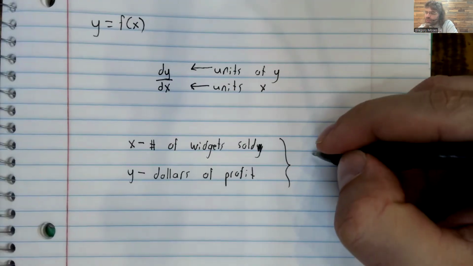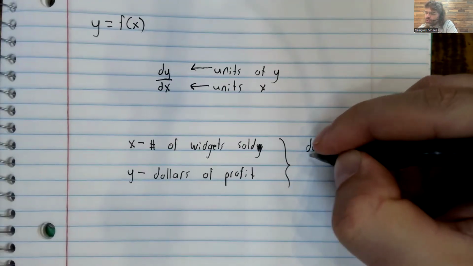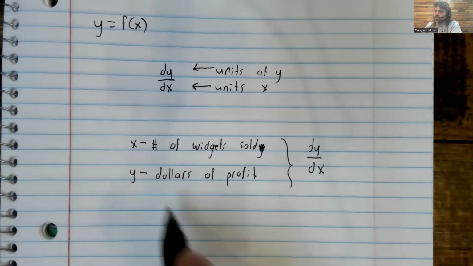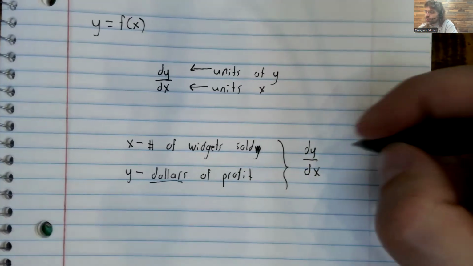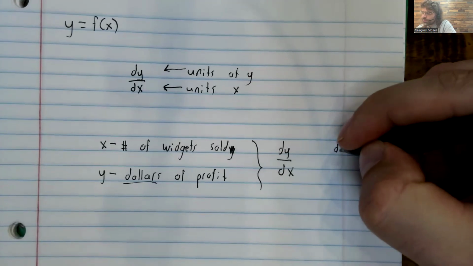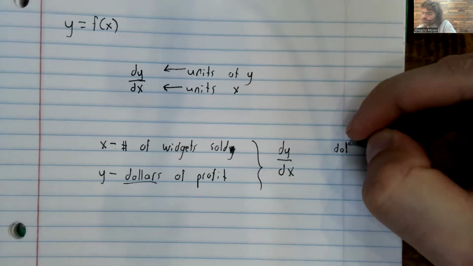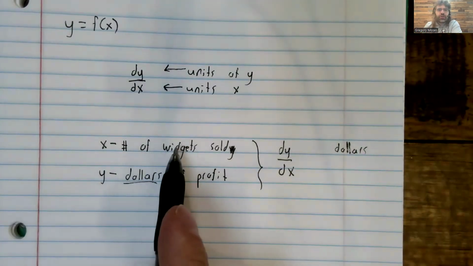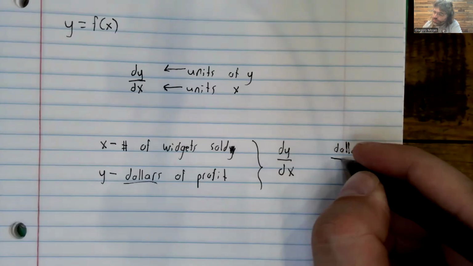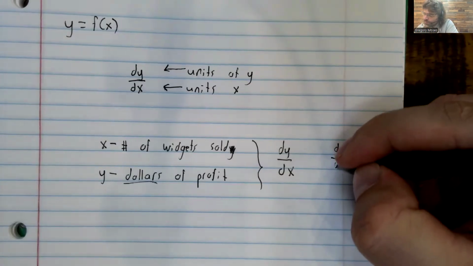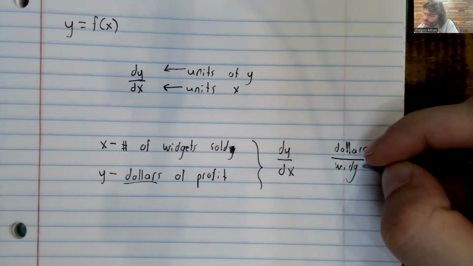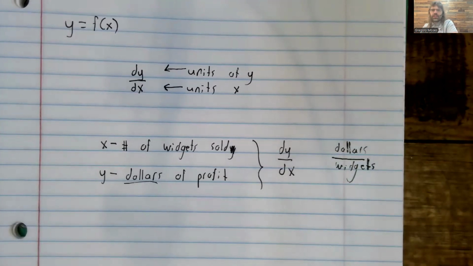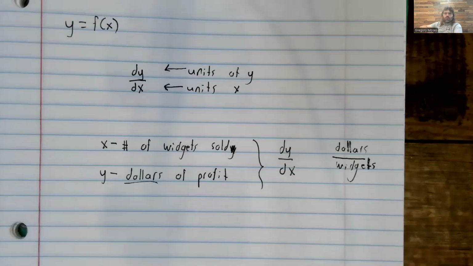But if we take the derivative, dy dx, well, y is measured in dollars, and x is measured in widgets. So this is dollars per widget.